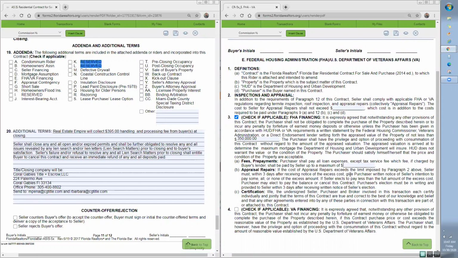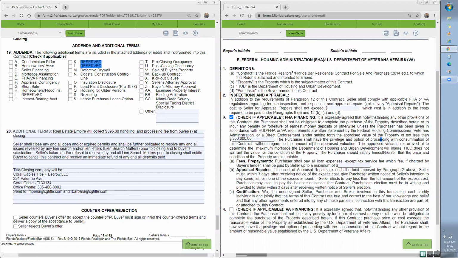The fees and everything, you don't have to worry about putting anything. This is the most important part of this document, okay? Now, it also says that the purchaser has the privilege and the option of proceeding with the purchase of the property without regard to the amount of the appraised valuation, okay?